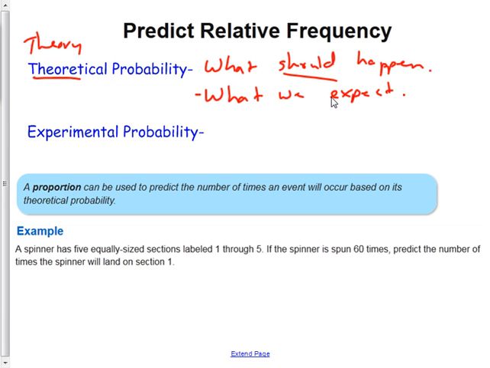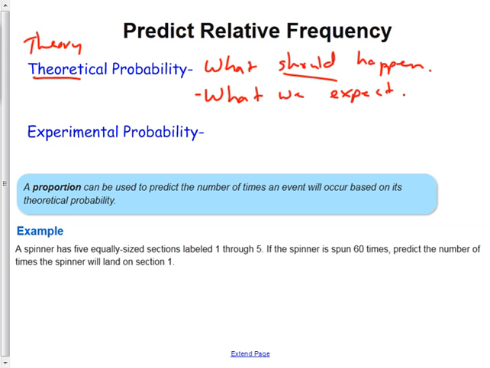For instance, when you roll a six-sided die, you would expect to roll a 3 1/6 of the time. Now, experimental probability is what actually happens when you do the experiment.